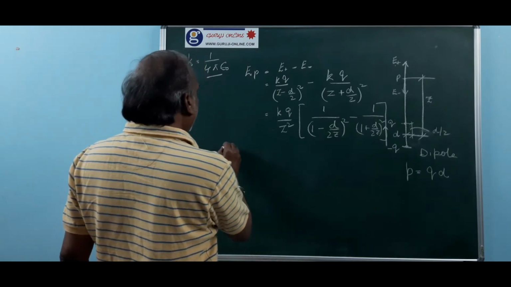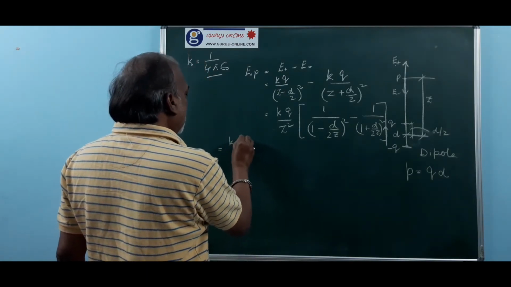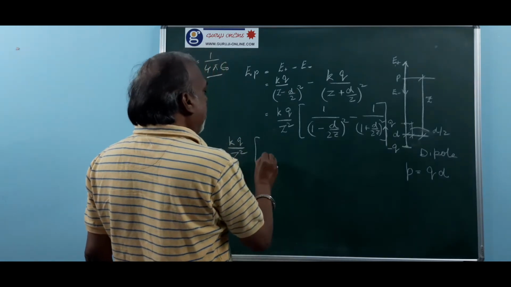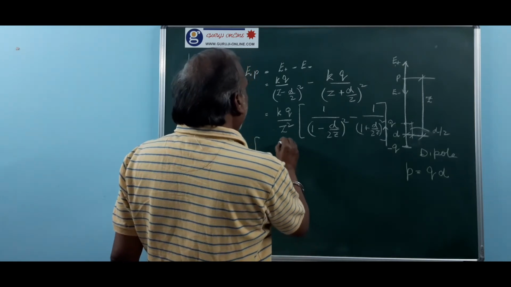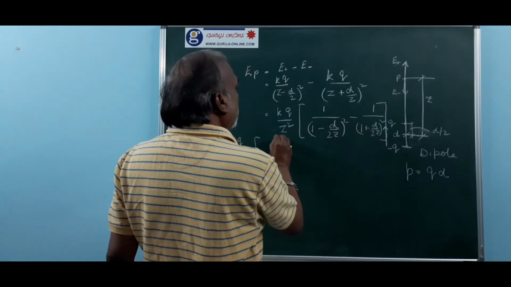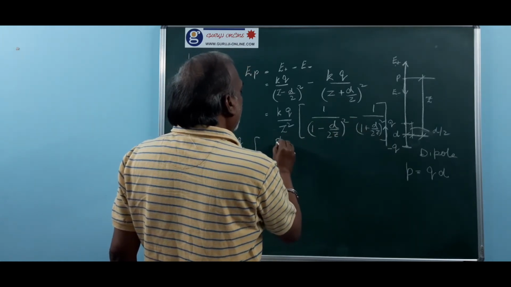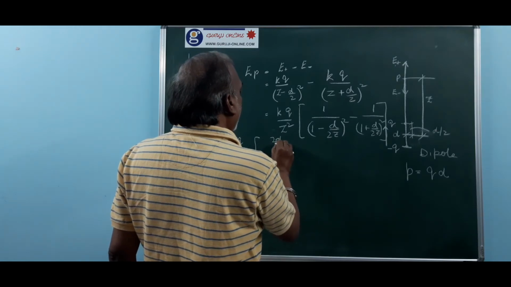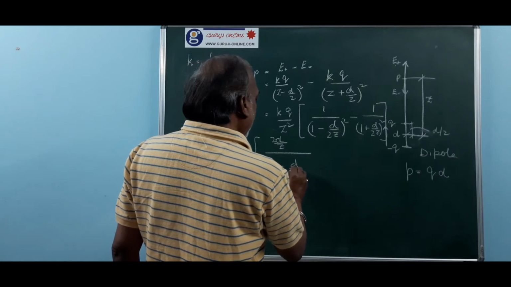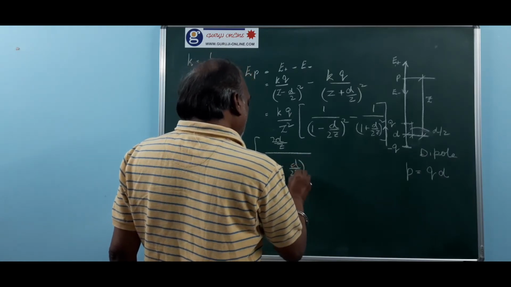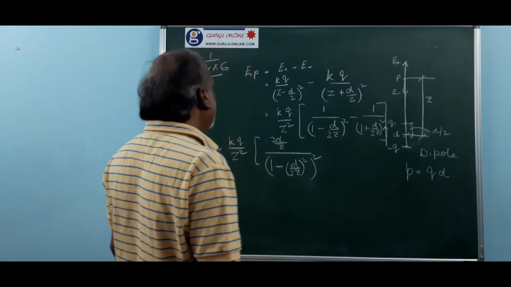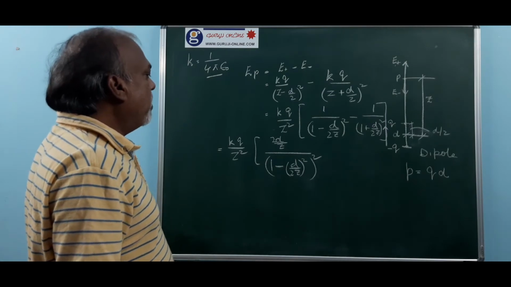You can again simplify this as kq upon z square. Now this into this if we do, then it will be 2d upon z divided by (1 minus d upon 2z) square and (1 plus d upon 2z) square.